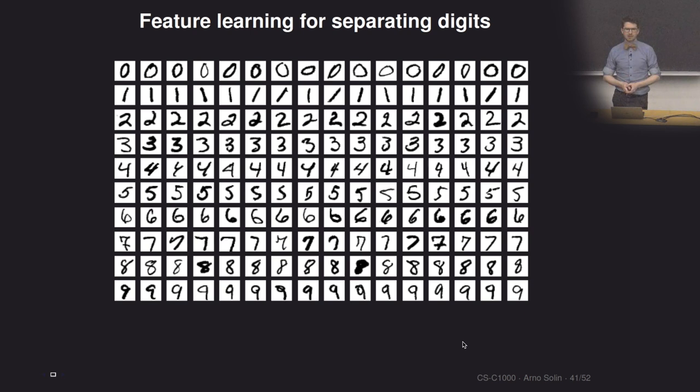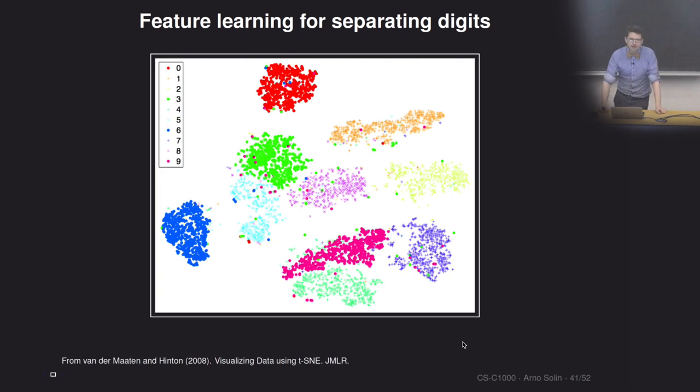By dimensionality reduction, I basically mean, let's take these handwritten digits. You see that they go from 0 to 9. There are several of them. They all look slightly different. These are actual handwritten digits. Then we can use a method that tries to map these high dimensional images into a two-dimensional space.